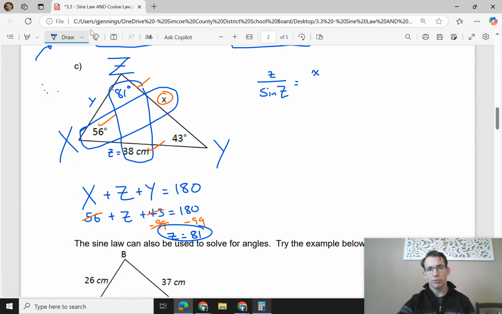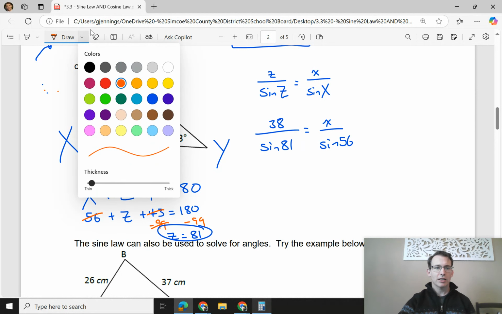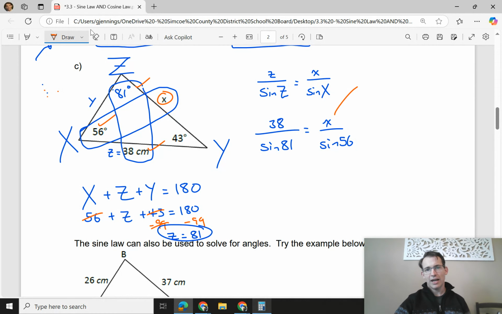So we have that's equal to x over sine x. And now we sub in. Okay, so z is 38. Sine z is sine 81, which is equal to x divided by sine 56. Oh, geez. Isn't it annoying that we're dividing x by sine 56?